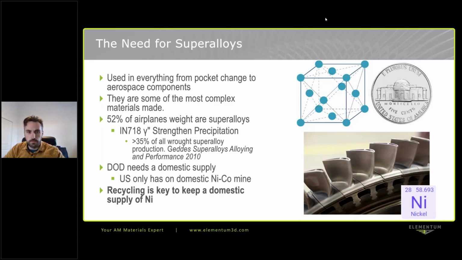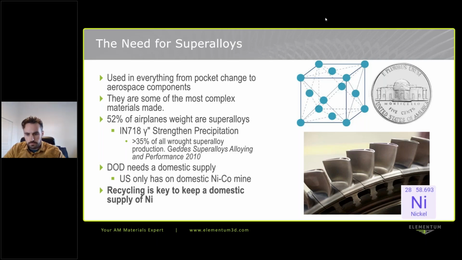the nickel alloy world. If people aren't familiar, nickel is used in everything from your pocket change to aerospace industries, with most commercial aircraft using about 50% of their weight in superalloys or nickel alloys, and a big one being 718, and taking up quite a lot of the readily available superalloys that are actually manufactured.